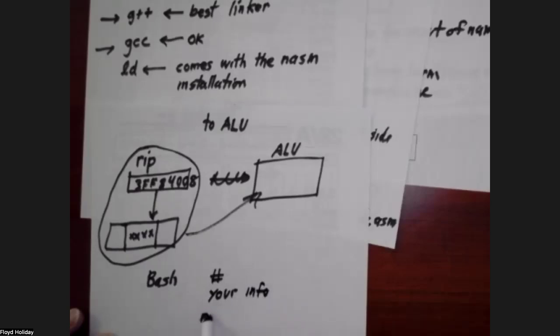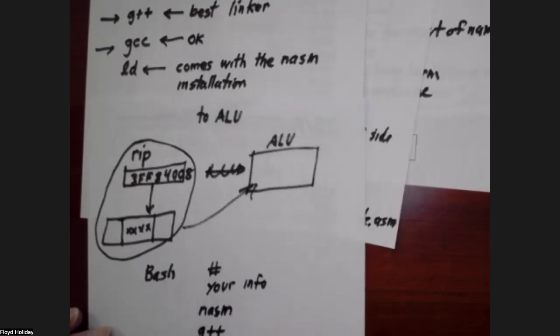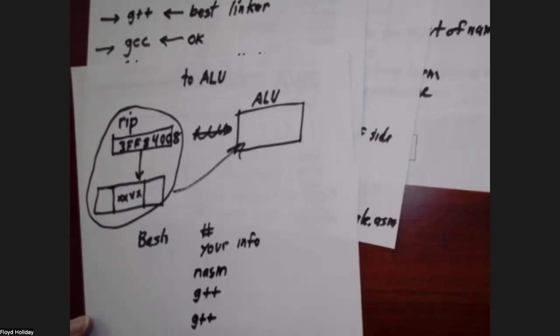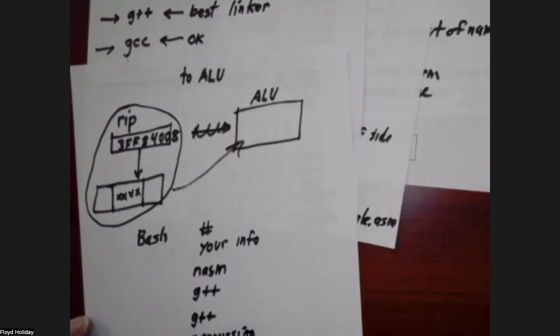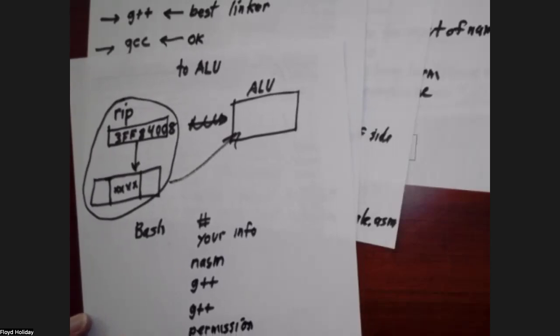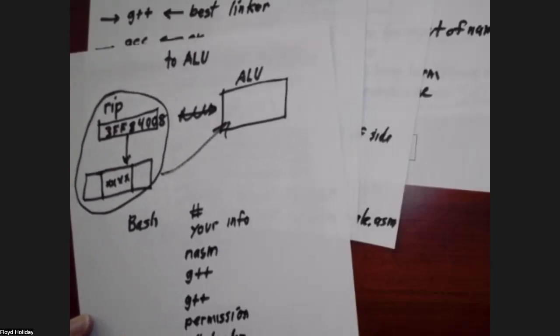Then NASM statements and G++ statements, if you have any of them, and then linking statements. There's only one linking statement, and then a permission statement, and then a call to the loader statement, and then you can echo and say goodbye.